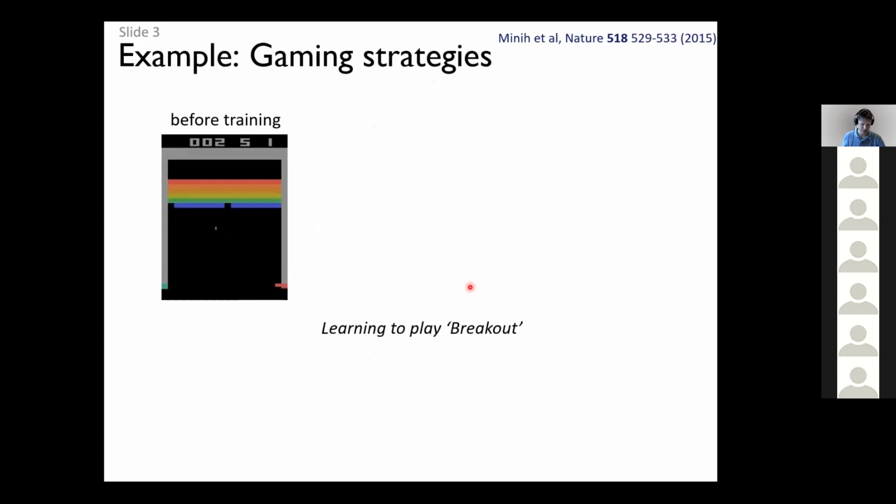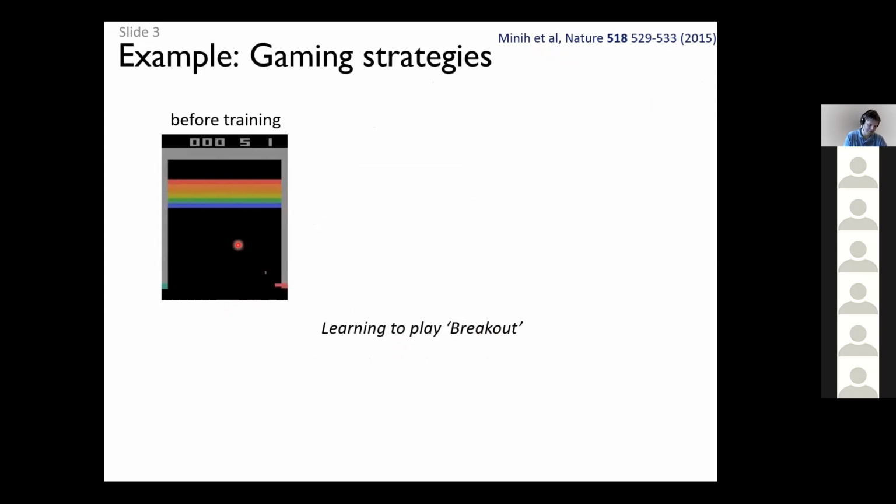So one example I mentioned was gaming strategies, and a famous illustration of this was done by Mnih et al. in 2015. They used reinforcement learning to learn to play a computer game called Breakout. Before training, they used a very simple random strategy that turned out to be just to move the paddle to the right.